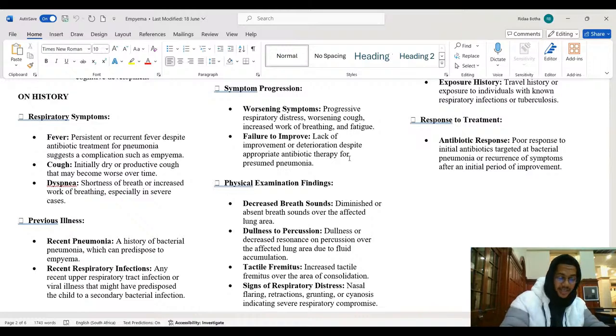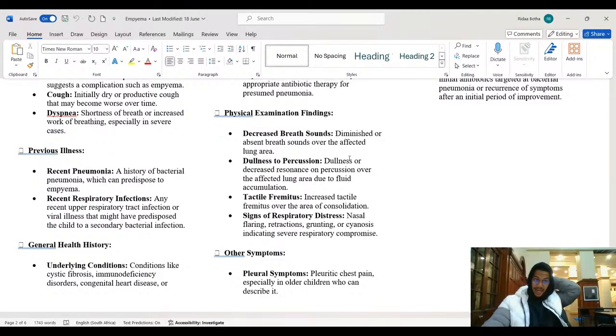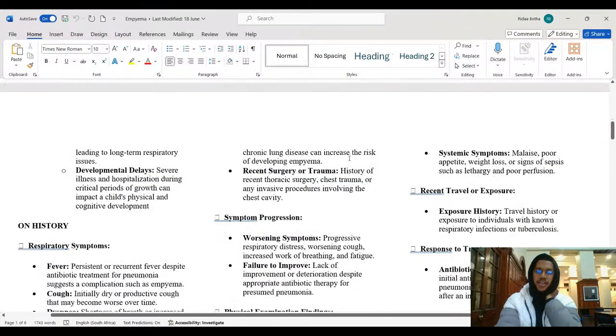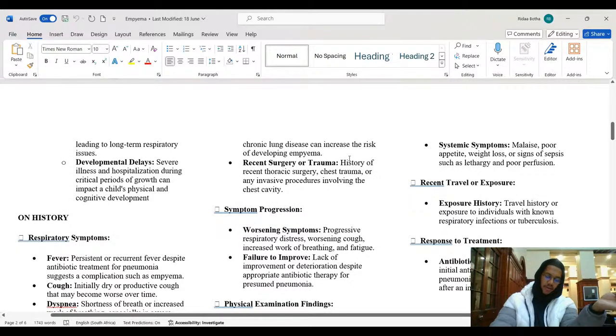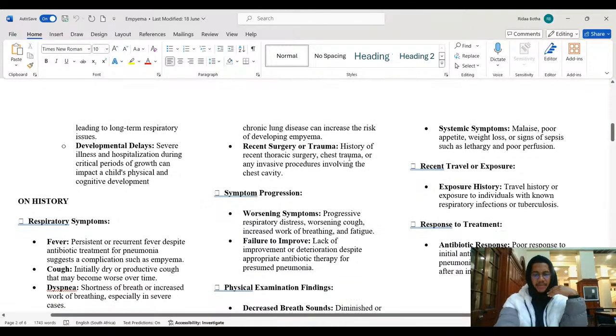Dyspnea, an increase in the work of breathing, a recent pneumonia or recent respiratory infection, and underlying conditions such as cystic fibrosis, HIV or any immunodeficiency disorder, congenital heart disease, or a chronic lung disease can increase your risk of developing empyema.